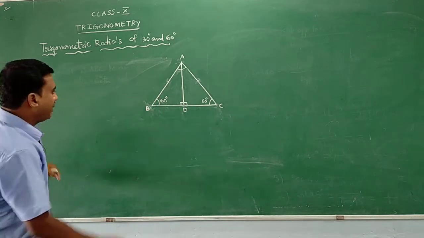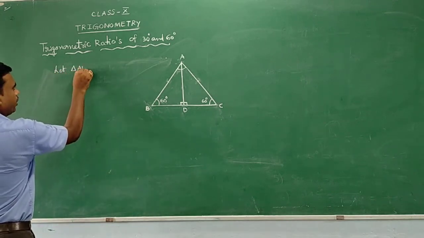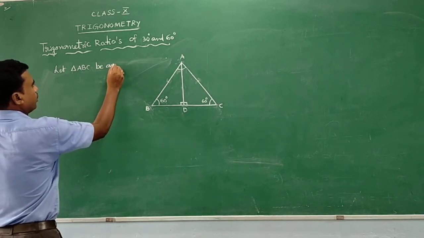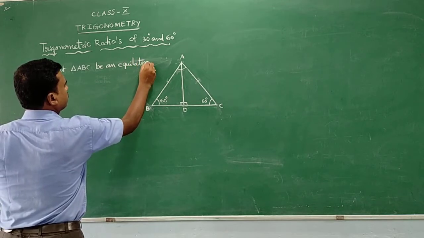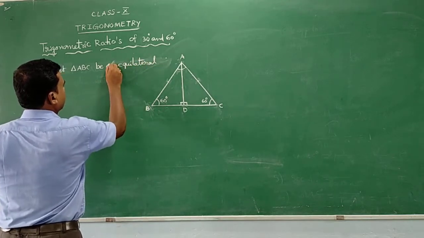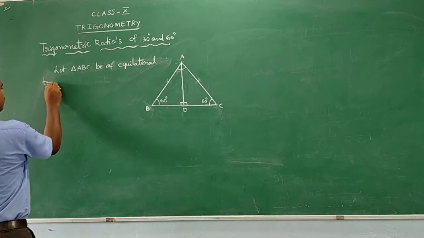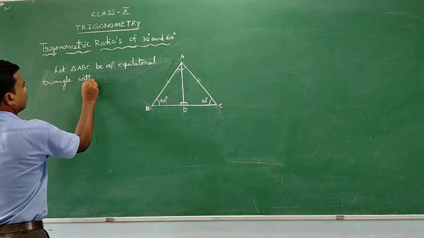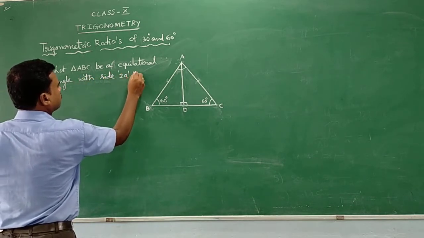Let triangle ABC be an equilateral triangle with side 2a units.